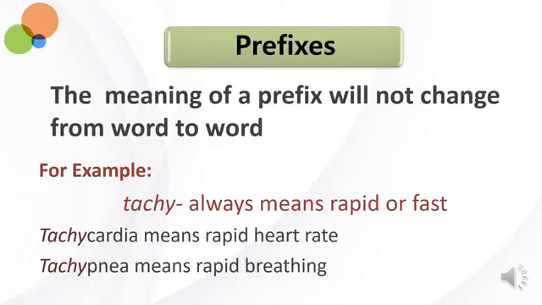And when I use the same prefix tachy with the word element pnia, it means rapid breathing. Now I have used the same prefix with different roots, and it gave me different meanings for the whole term. But still, tachy means rapid in both terms.